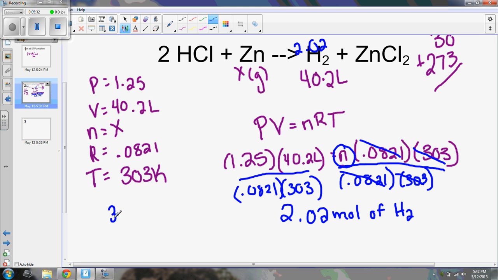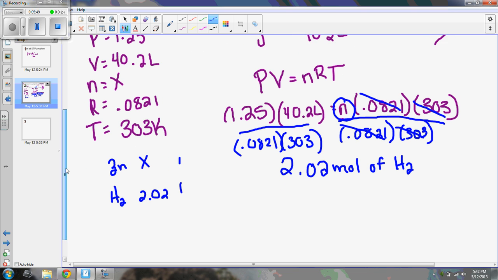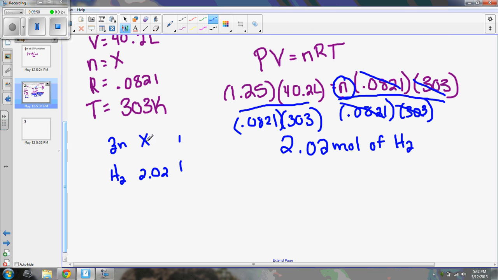So I have zinc and hydrogen, and they're 1 to 1. My coefficients are 1 on both, so 2.02 moles of hydrogen are going to be 2.02 moles of zinc.